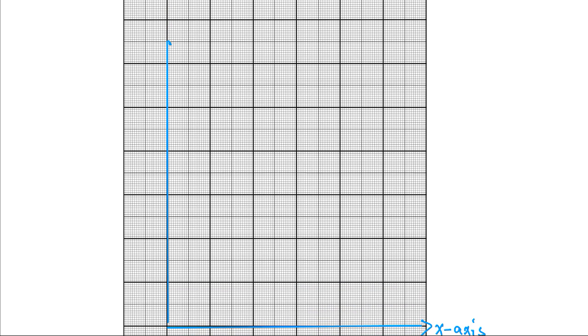So we'll have that as our x-axis. Then we have what we call the y-axis.